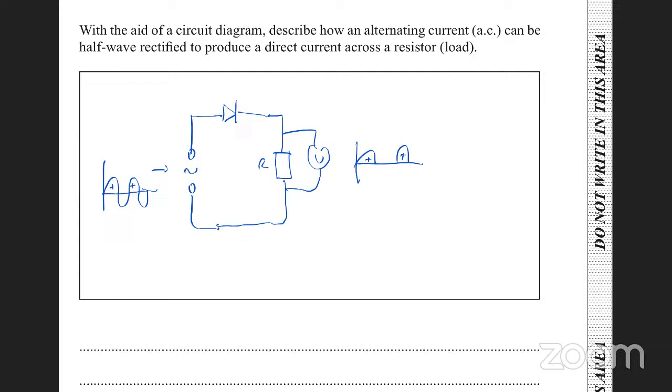What is the explanation? Why does it say it went from full wave to half wave? What does the diode do? So why is it only the positive part?